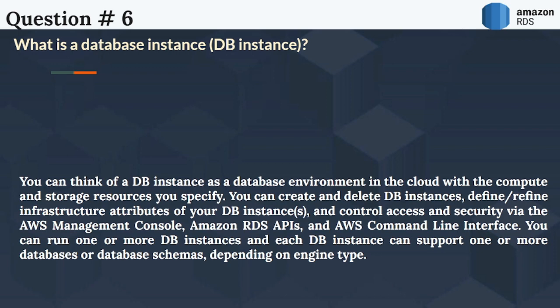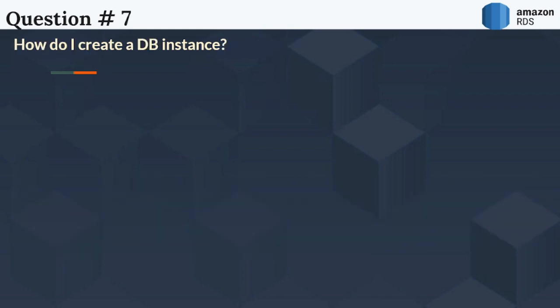You can run one or more DB instances, and each DB instance can support one or more databases or database schemas, depending on engine type. Let's see the next question.